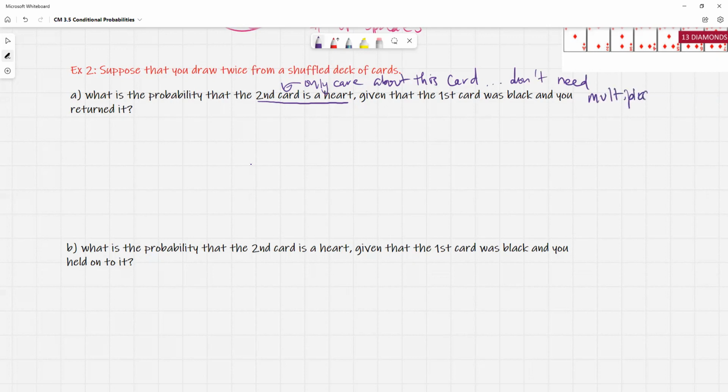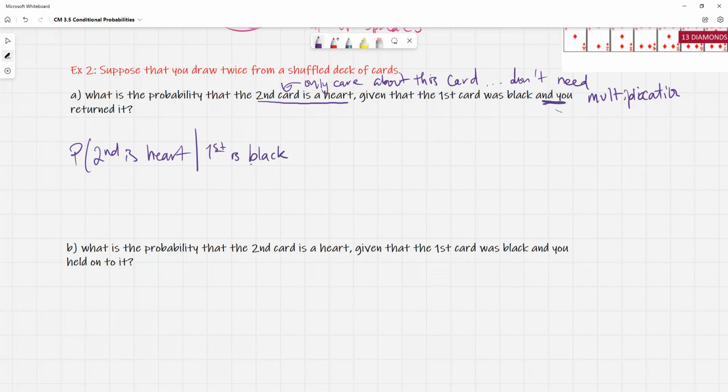Because here I'm not asking what are the chances that this is going to happen and then this is going to happen. What are the chances of these two things happening one after another? I'm only asking you, okay, what's the chances that this is going to happen if something else already happened, okay? So probability P of second is a heart, given first is black.